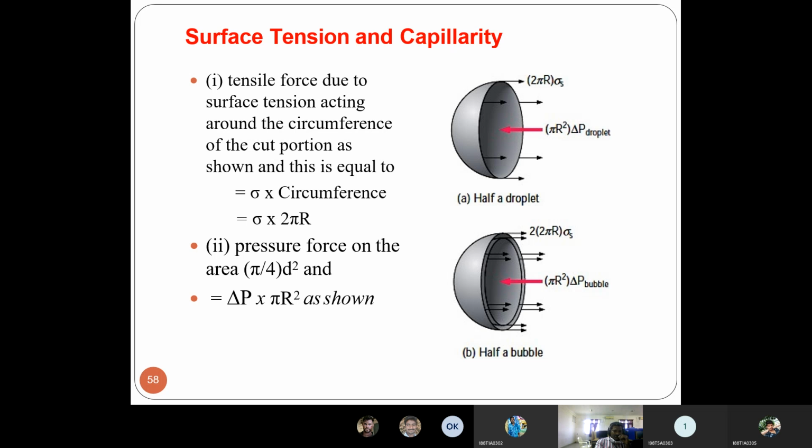And pressure force is there. If delta P is the pressure difference, the pressure force due to the pressure difference acts on a cross-sectional area pi r square. These two forces will be balanced by each other.